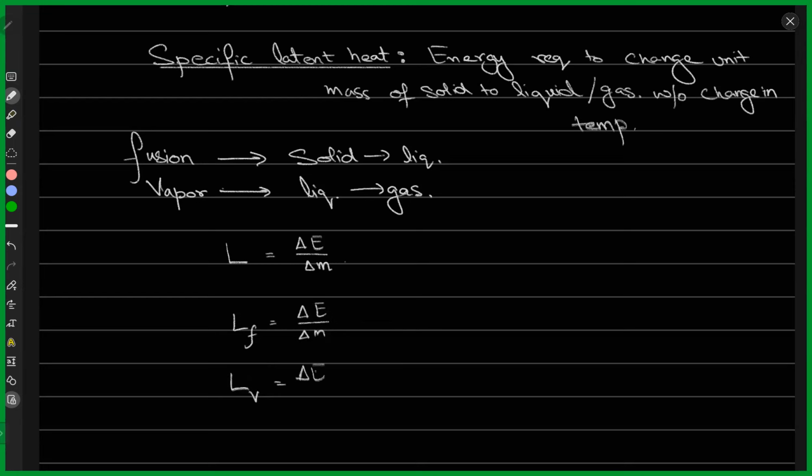The expressions are exactly the same, but you should have an understanding of what these delta M really are. So delta E is always the energy that I'm supplying to this system, and delta M would depend on whether the system is changing its state from solid to liquid or liquid to gas. So is that understood?